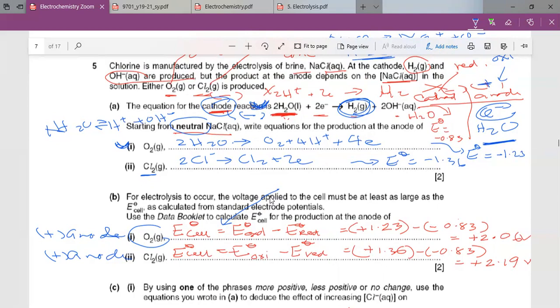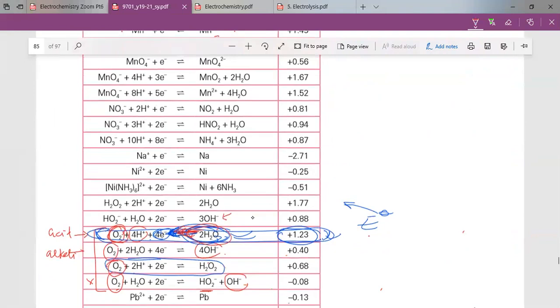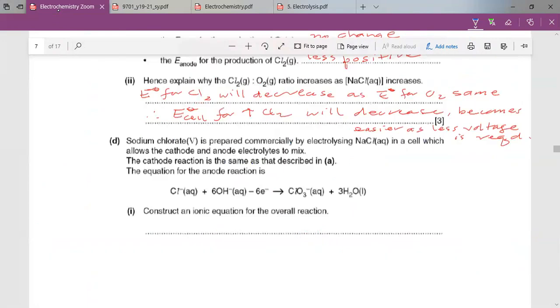Now oxidation is this one here. Remember the original one is 2H2O. Look at here, the original one where it undergoes oxidation is down here, 2H2O. So here the original one is plus 1.23. So I put it here, plus 1.23.